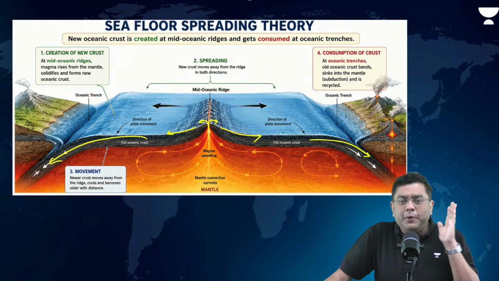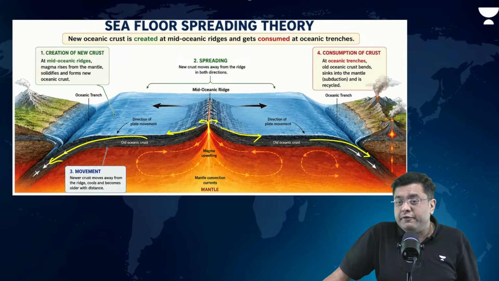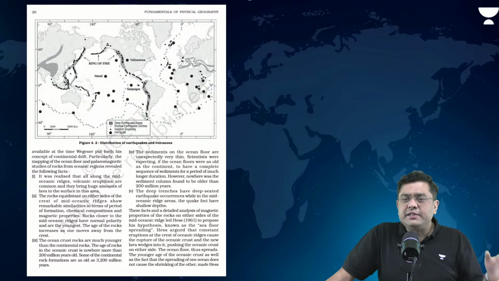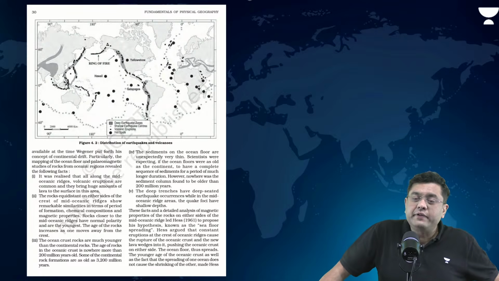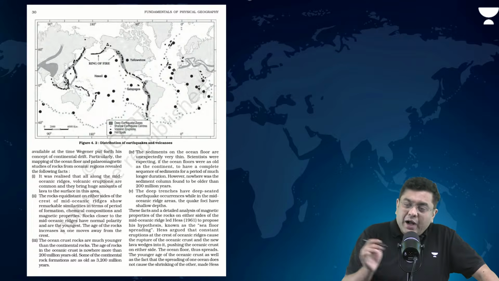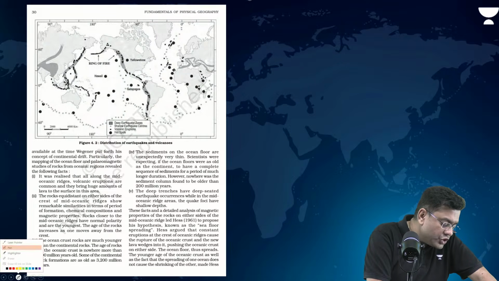Based upon this, Harry Hess postulated the seafloor spreading theory, right? He also evidenced it with the help of earthquake seismic events, which would be concentrated around the areas of this mid-oceanic ridge.